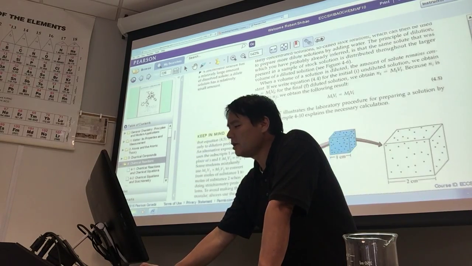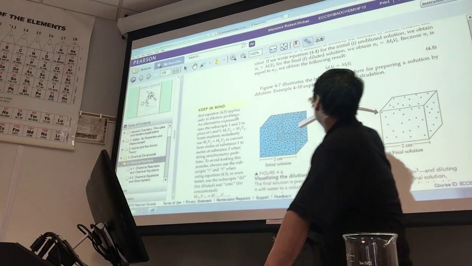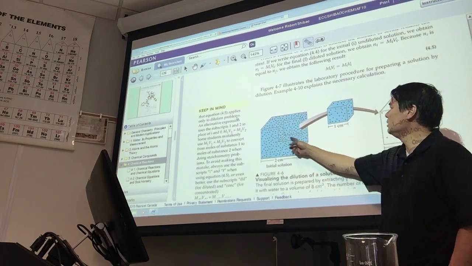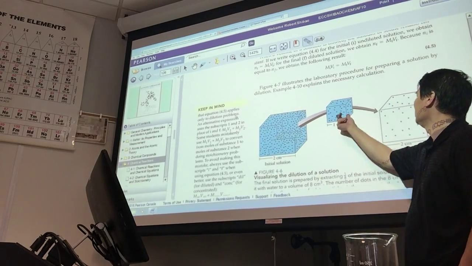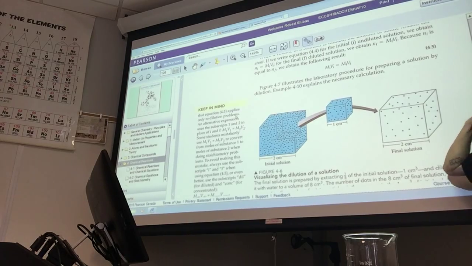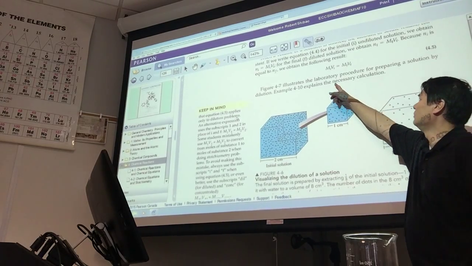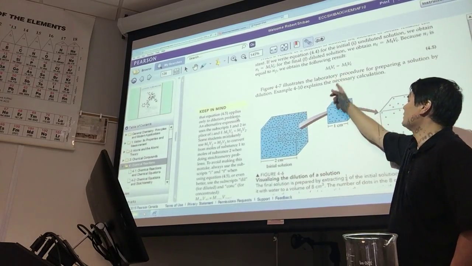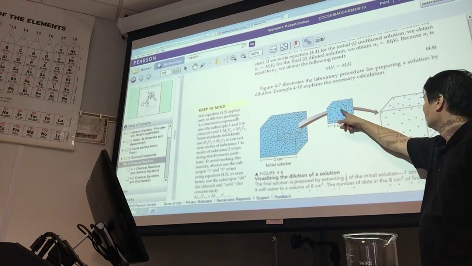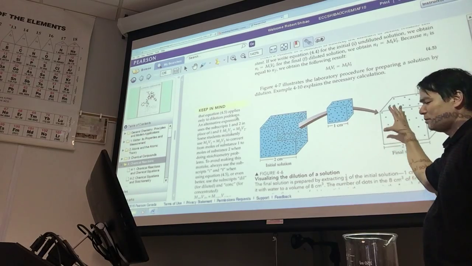The solution dilution equation is this, M initial V initial is equal to M final V final. And so we take a portion of the concentrated and then dilute it with water. Here, the number of solute particles on the left side and on the right side are the same. So the number of solute is the same, just the volume's changed here.